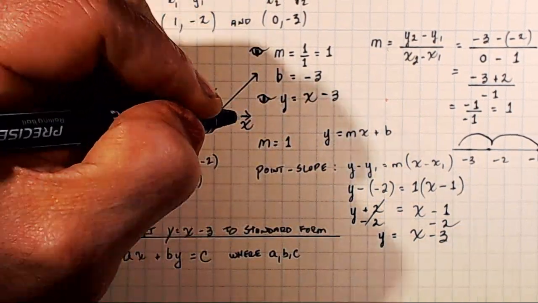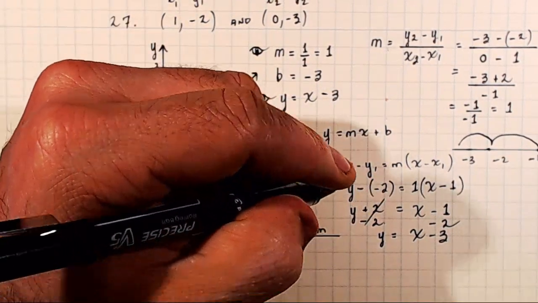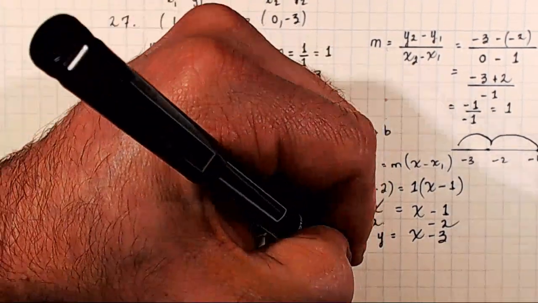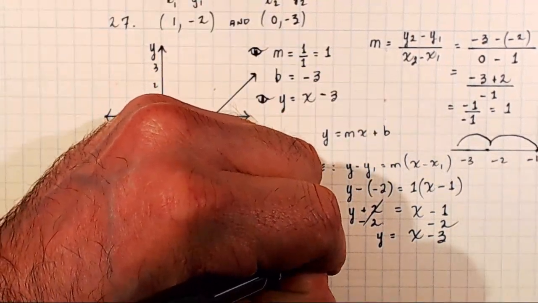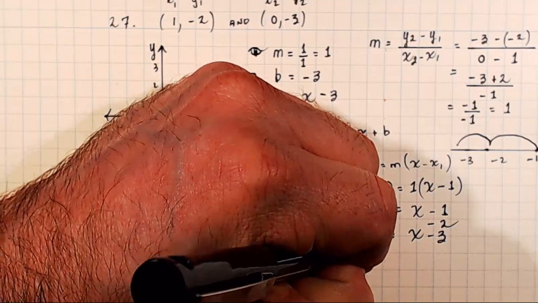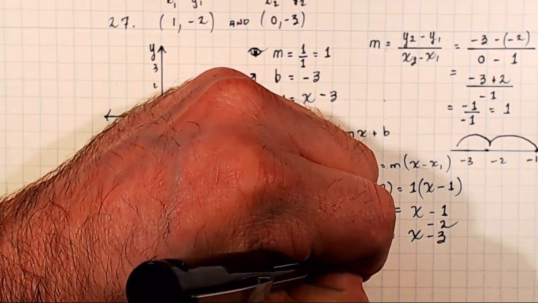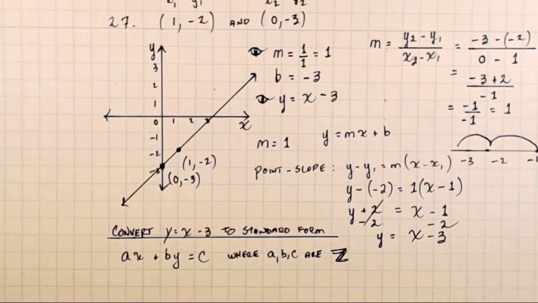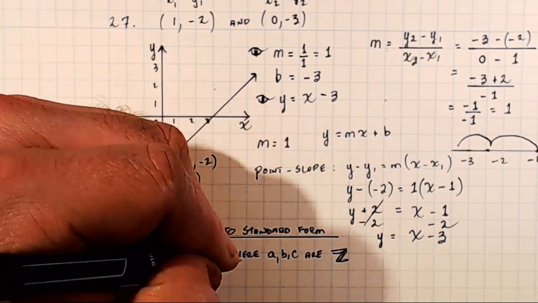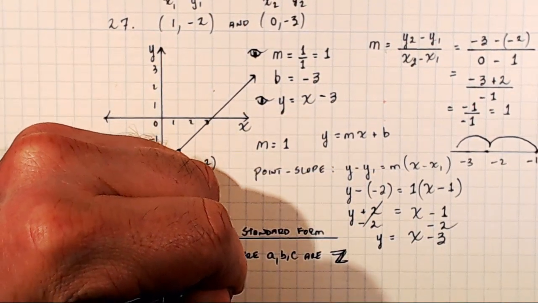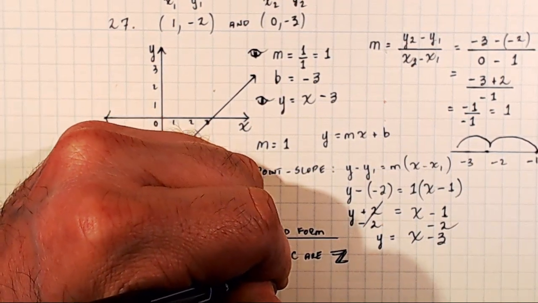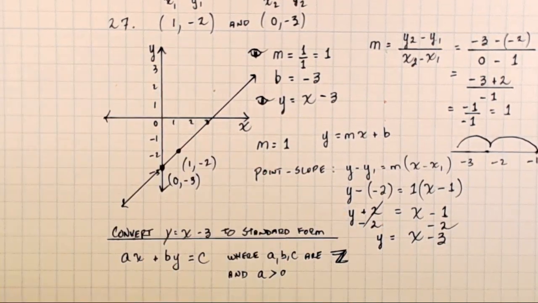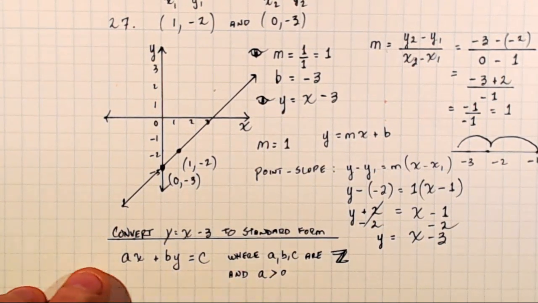So it's really where a, b, and c are members of the integer set. We could write that as Z, I think it's supposed to be like this weird looking Z. And where a is positive, okay, so where a is greater than 0. That's the technical way to write it.